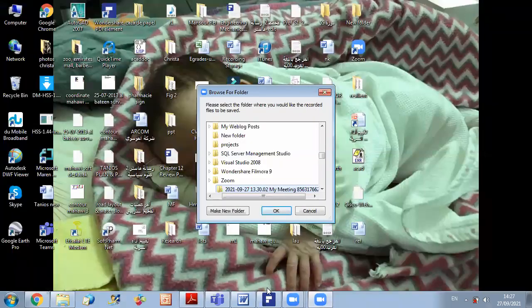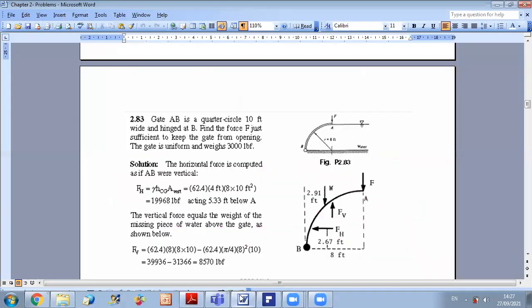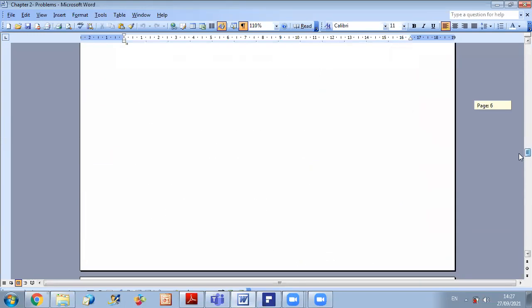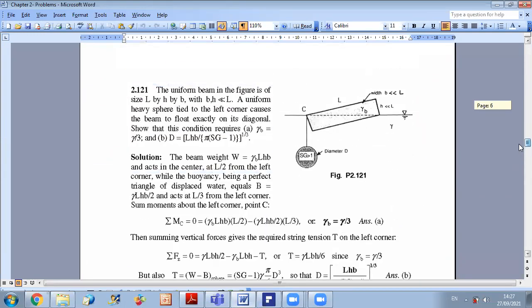So if you go back to the problems, in the following problem, the uniform beam in the figure is of size L by H by B, with B and H much smaller than L. A uniform heavy sphere tied to the left corner causes the beam to float exactly on its diagonal.